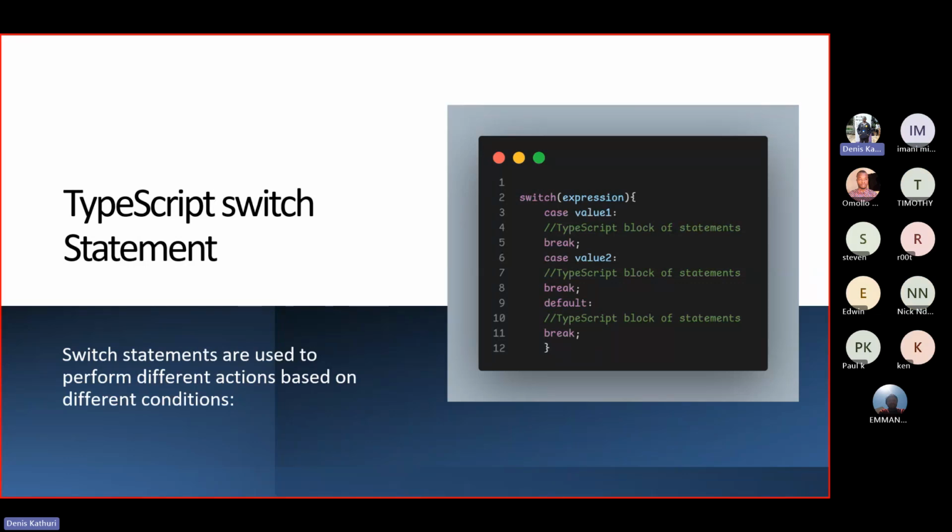If you have multiple users in your system and you need to render different UI components in your application based on the user roles, maybe admin, super admin, normal admin, and maybe a viewer, you can use the switch case. It is also used for menu navigation or API response codes. It is always good to include a default case in your switch statement to handle unexpected values that might not be catered for by the other cases.